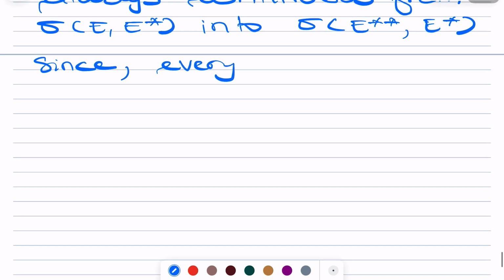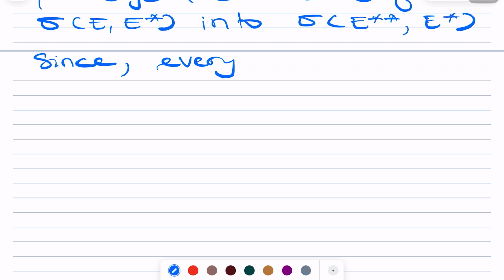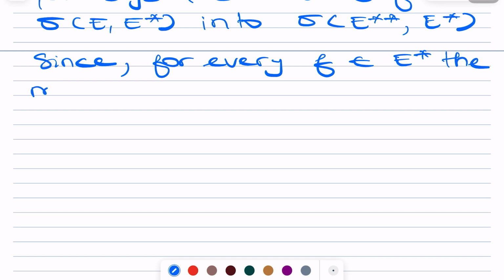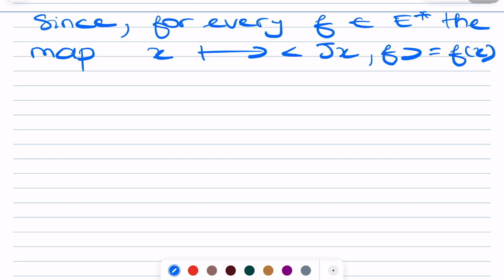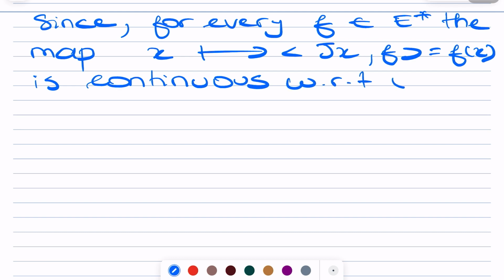every means for every f in the dual space, the map x goes to the dual pairing of J(x) with f, which is f of x, is continuous with respect to the topology sigma(E, E star).